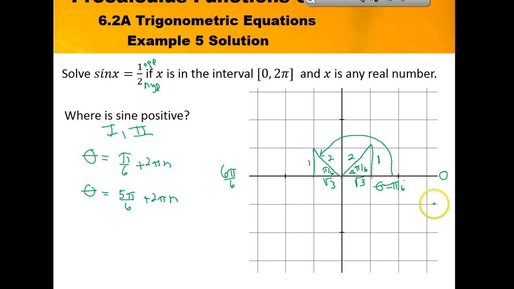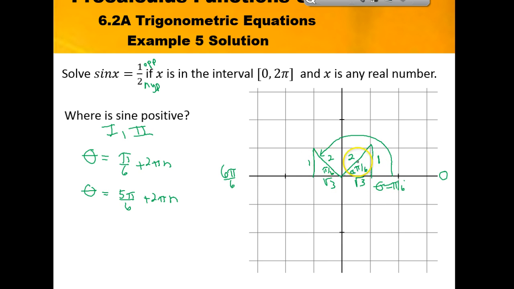So what's happening is, if you just look at this, it's reaching a half in the first and second quadrants, and then we have this long jump where we don't have a solution in the third and fourth quadrants, and then it starts up again here in the first and second, and then nothing, and then the first and second, and then nothing, right?